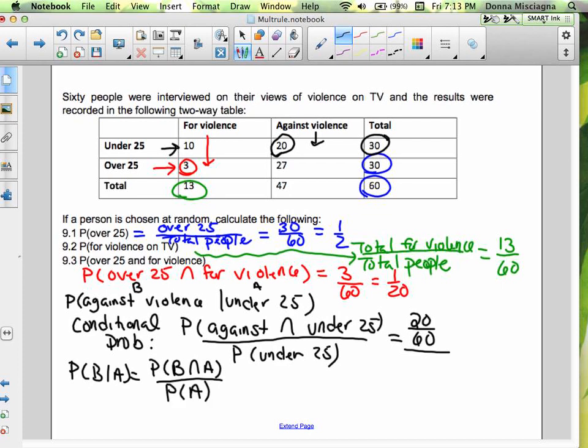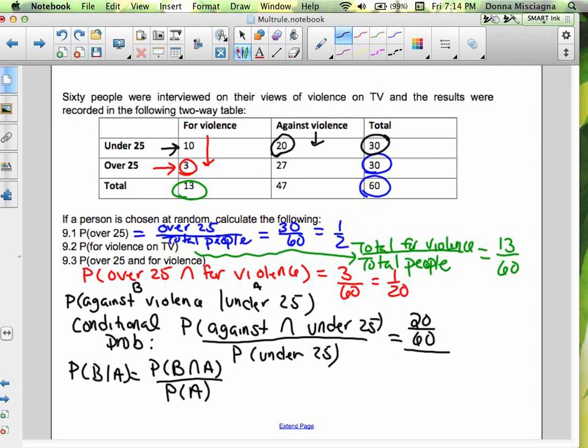So the against and under, that's the intersection, and then the probability of under 25 is going to give us that conditional. So the probability of under 25 is the 30.